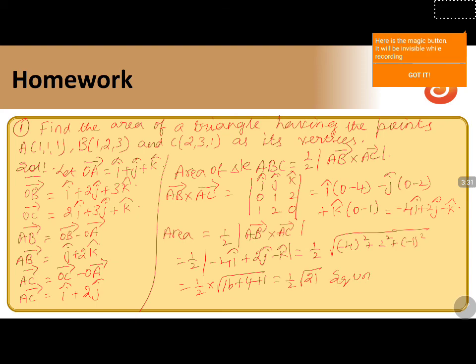So the area is root 21 by 2 square units.